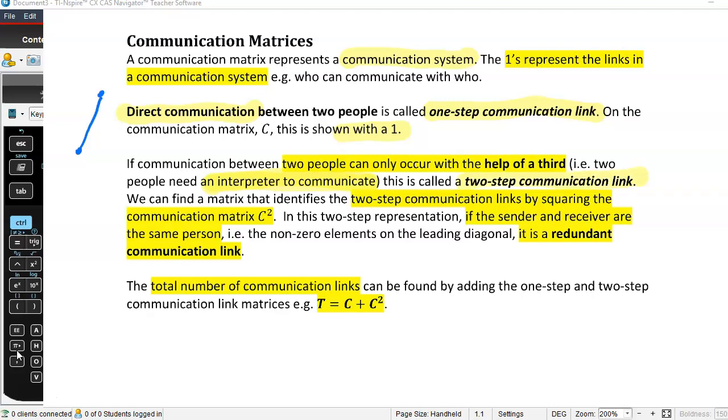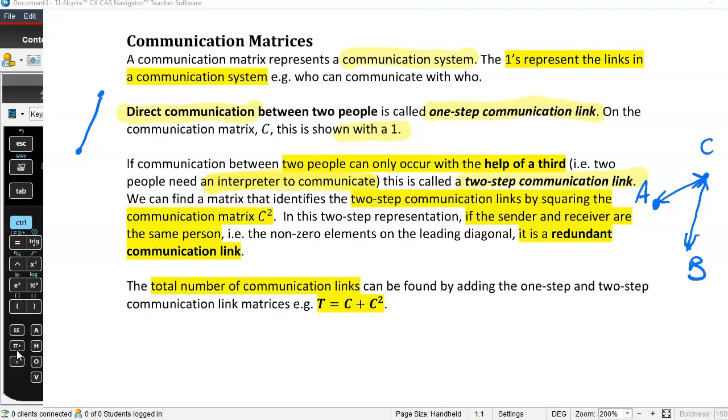This might be person A, this might be person B. They can't talk directly to each other. They need person C. Both of them can talk to person C, and person C can talk back to them, but they can't directly talk to each other. An interpreter is an ideal example of what's happening here.